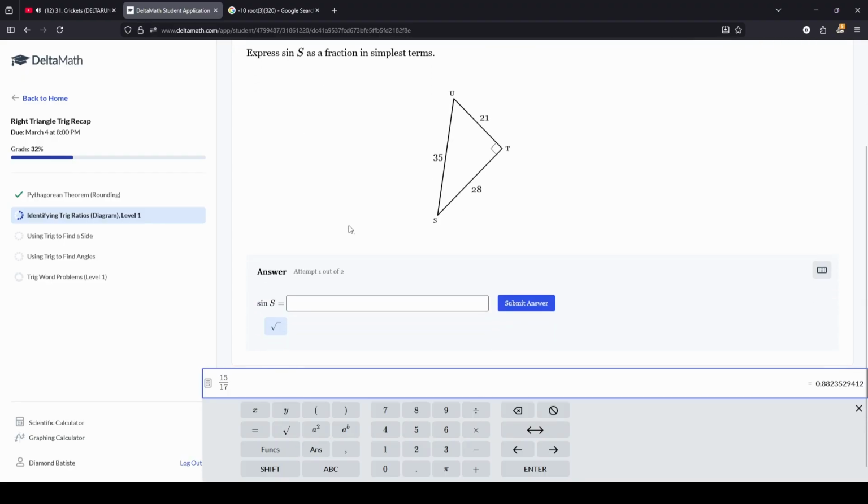As a fraction, simplest terms. Sin S. So, S is top, which means we want bottom and right. Okay. S is the bottom, and the bottom goes on top. 21. S and iron goes in 35, and it goes in the bottom.